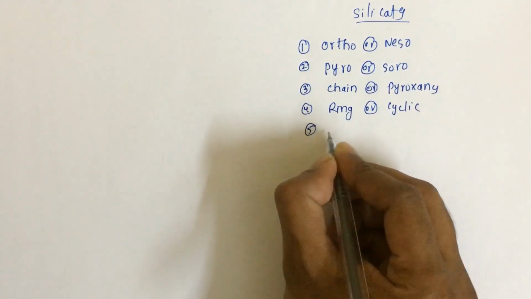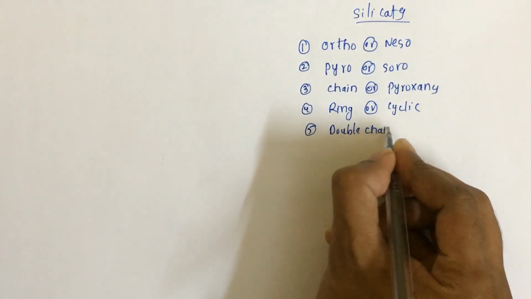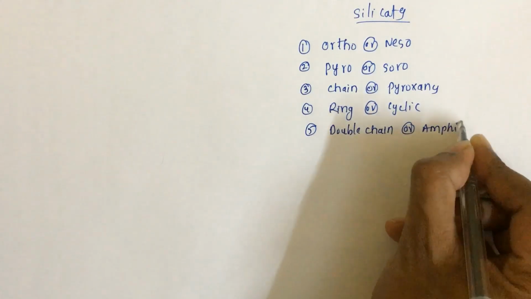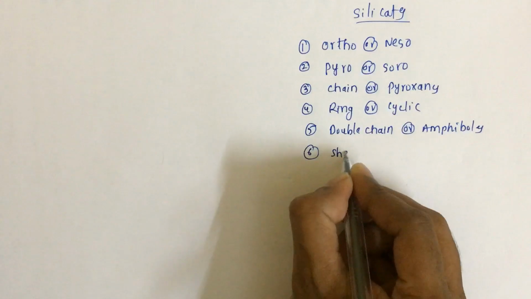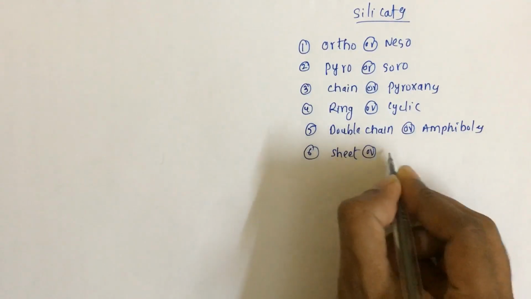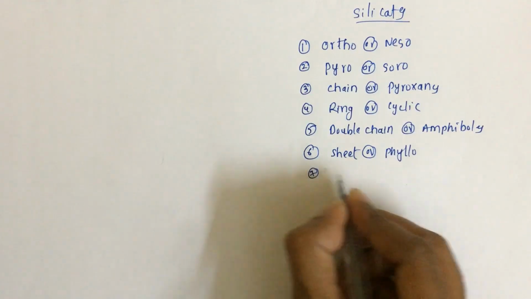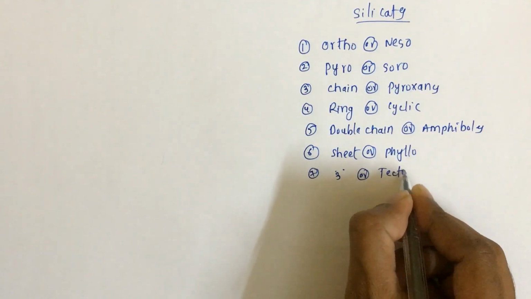The fifth one is double chain, also called amphiboles. The sixth one is sheet or phyllosilicates. The seventh one is three-dimensional, also called tectosilicates.